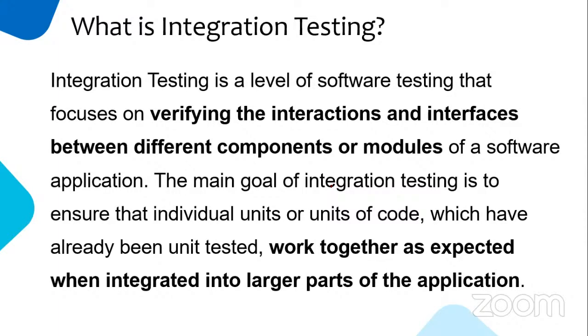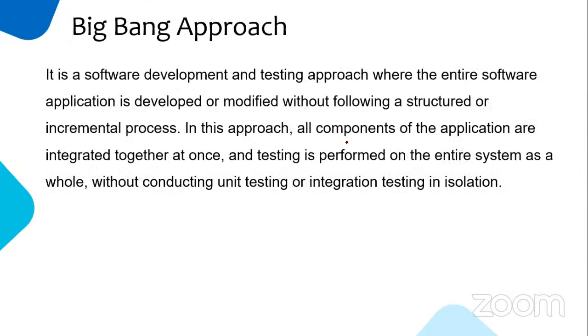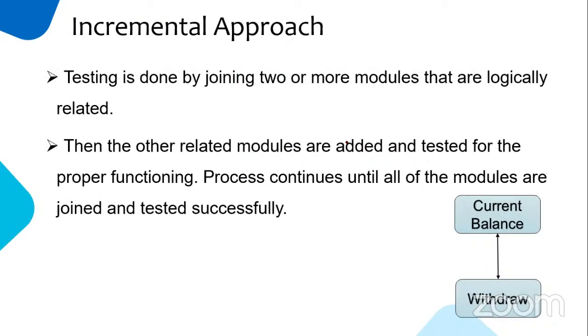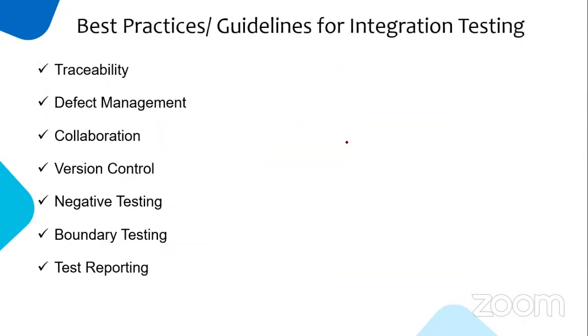We test that, and integration testing checks whether it is working according to the expected conditions. It has two approaches: big bang and incremental. Mostly the big bang approach is used. In incremental, we have bottom up, top down, sandwich and so on.